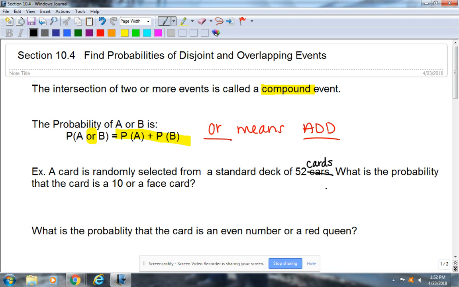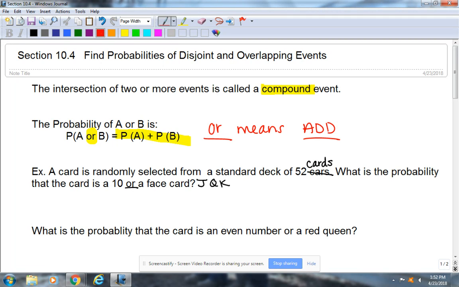All right. What is the probability that a card is a 10 or a face card? Remember, we talked about face cards the other day. Those are jacks, queens, and kings. If this says or, that means we're going to add the two probabilities. Find the probability that a card is a 10 or a face card.